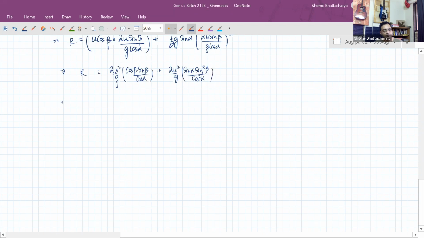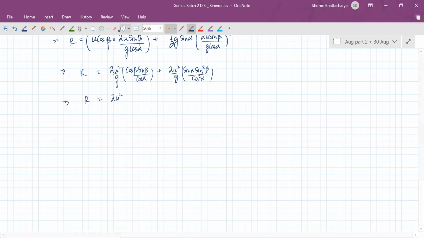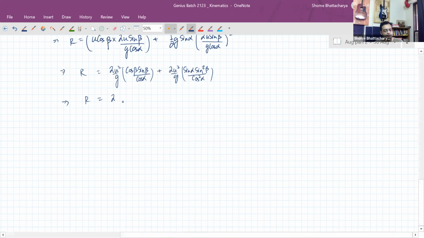So now what you can do is take the LCM of these two terms common. So the LCM will be cos square alpha. And when you take that cos square alpha common, you can also take sine beta common in the numerator.